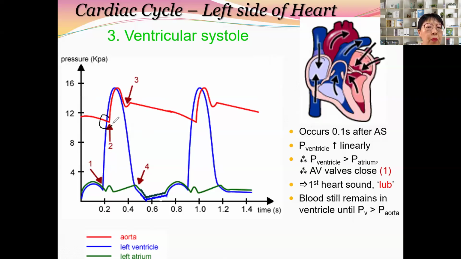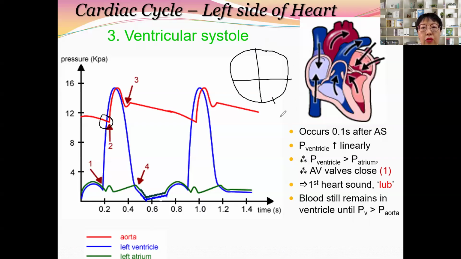So you see what happened when the valve opens up? When the valve opens, can you see that the blood pressure in the red line and the blue line becomes the same? Can you see or not? Why? Because the two spaces are connected already. Remember, the valve is open already, right?